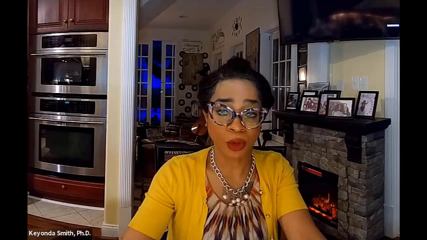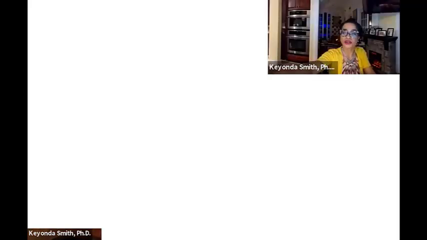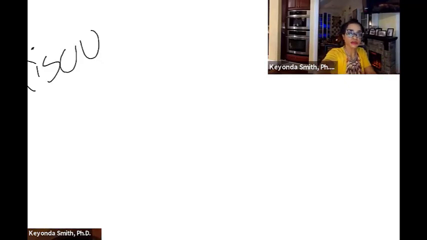So I'm going to write two words on this. It's not a whiteboard, but I'm just going to write two words up here. I want you to be able to focus on discussing and justifying.